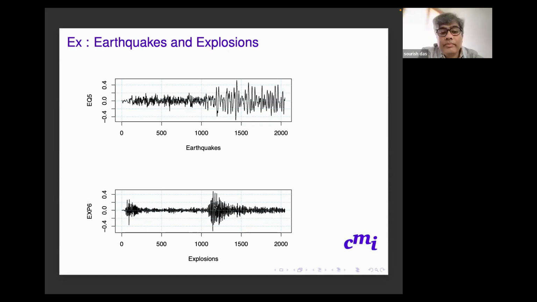It was, I think, dynamite explosion probably. But anyway, the explosion behavior will be very different from the earthquake. So if you just plot the seismic data, looking at it you can say whether the seismic activity is happening because of the earthquake or because of the explosion.